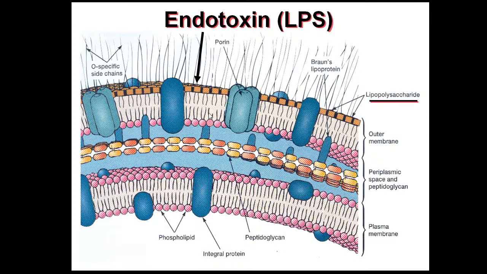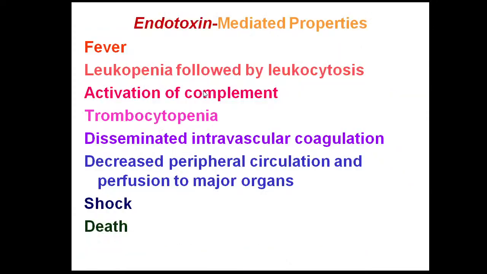As soon as the cell is ruptured, lipid A starts to be exposed to the body. The effects produced by endotoxin are fever, leukopenia, activation of the complement, thrombocytopenia, and possibly disseminated intravascular coagulation in a severe state.